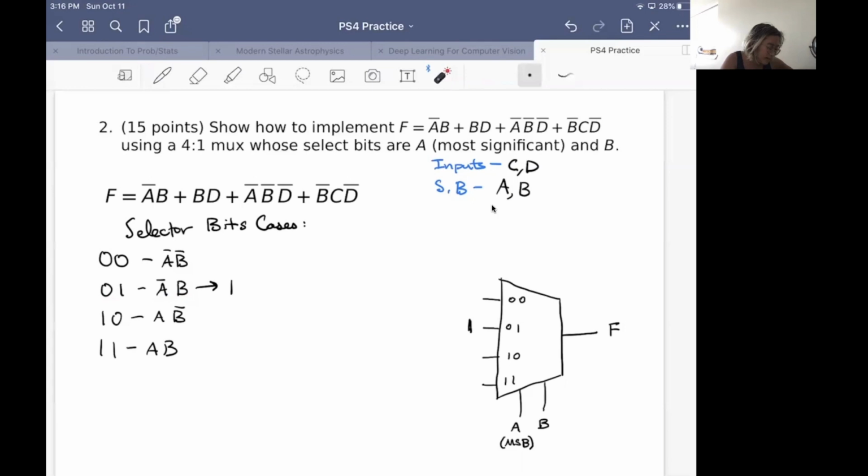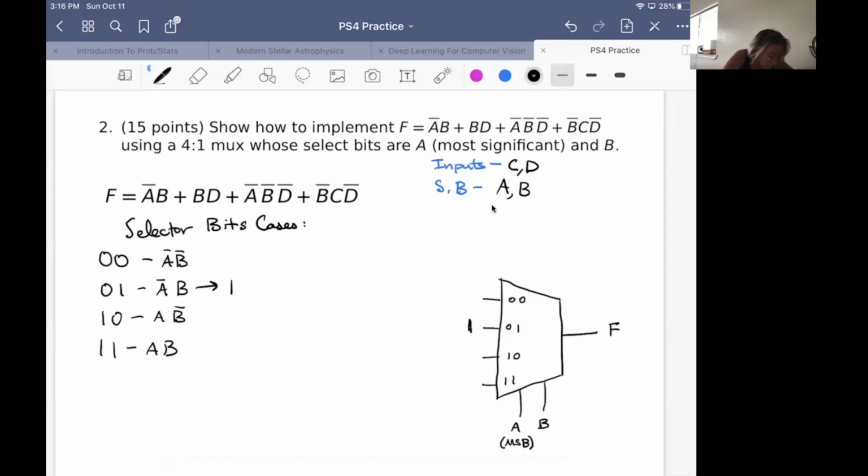So now we can look at the next minterm, BD. This is related to the case where B is equal to 1, A can be anything. But given that we've already taken care of the other case where B is equal to 1, then we know this is going to be in regards to mux input number 3, or AB.